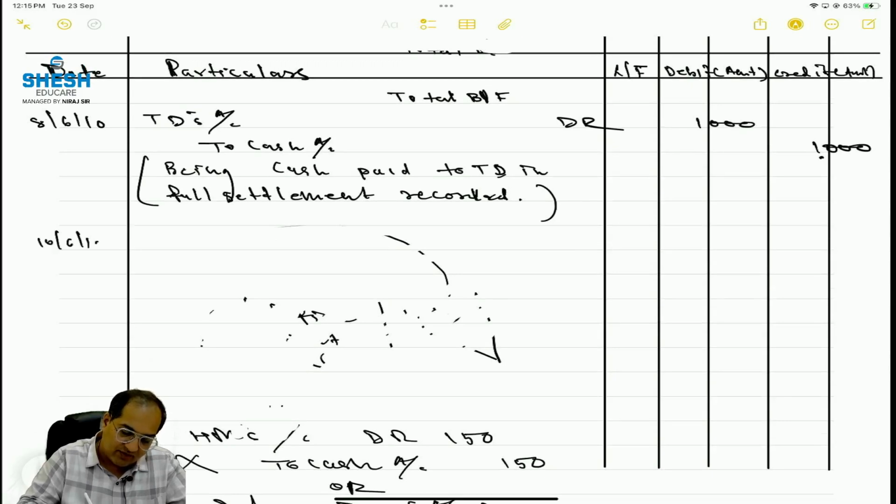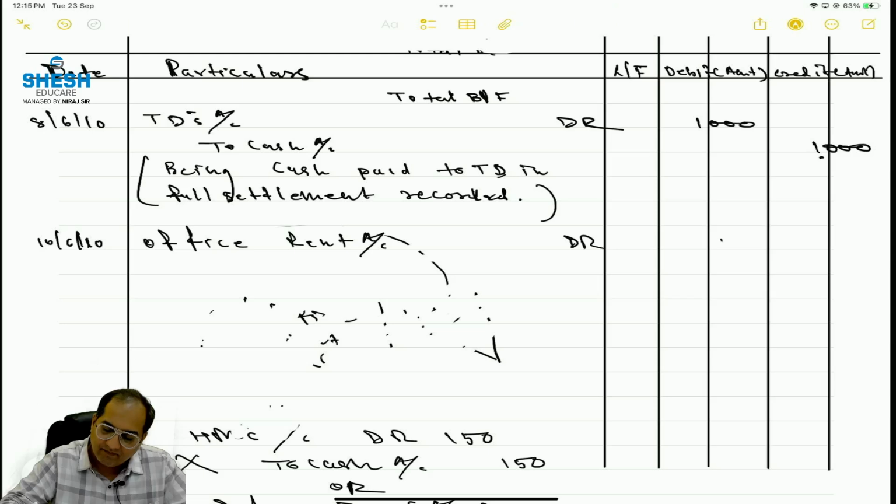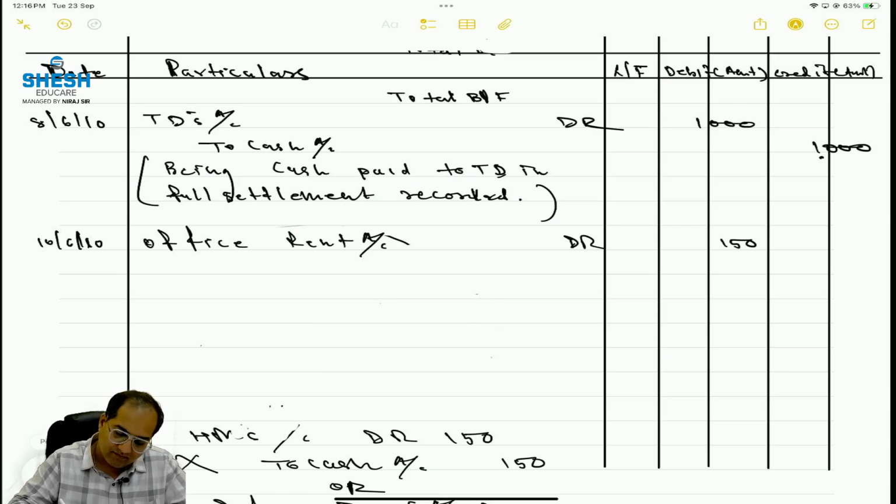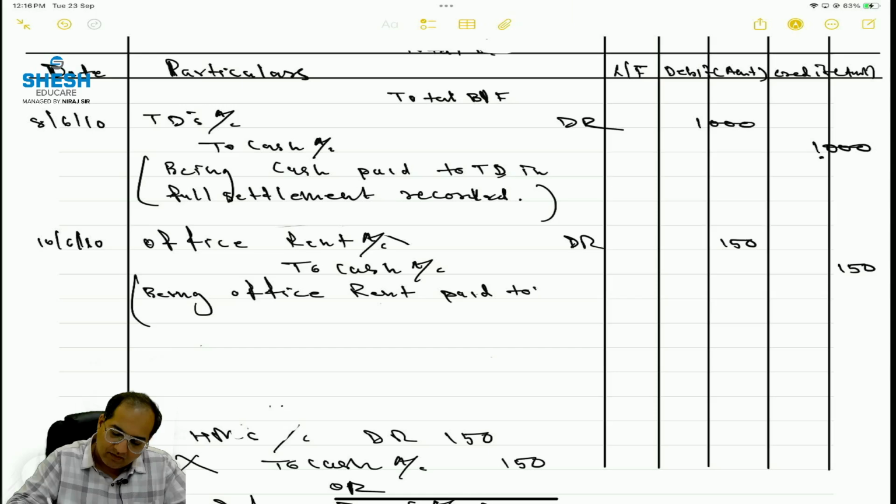So on 10th June 2010, office rent account debit, which is my expenditure, cash account 150. और 100% में नरेशन में लिखेगा बीइंग ऑफिस रेंट पेड टू हर्षद मेहता इन कैश रिकॉर्डेड.